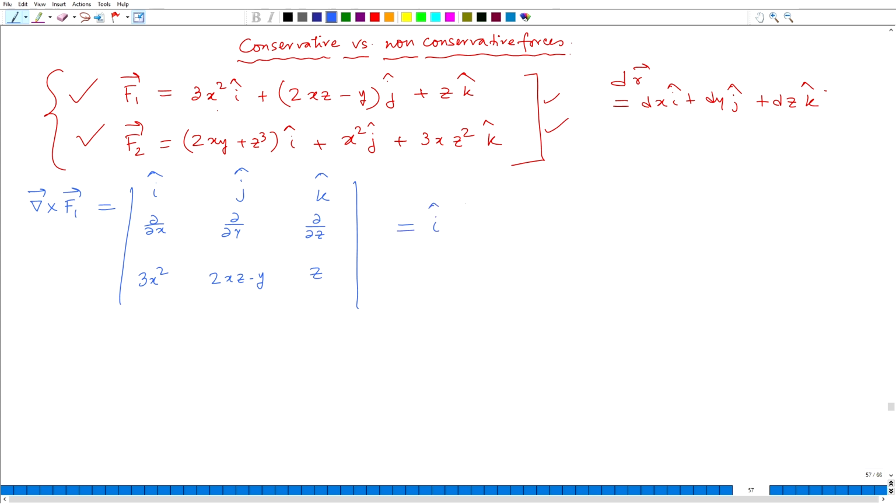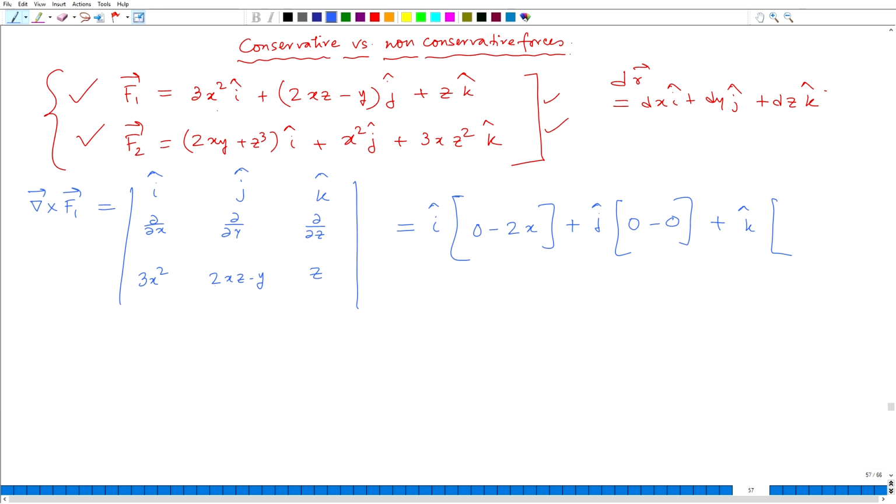So, for the i component, the x component, I will have 0 minus 2x, plus j cap times del/del z of 3x square, which is 0. So, del/del x of z, which is also 0, plus k cap.